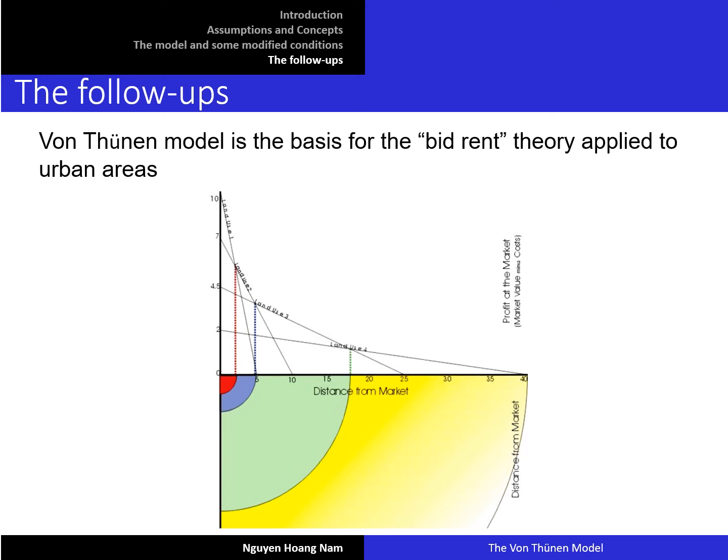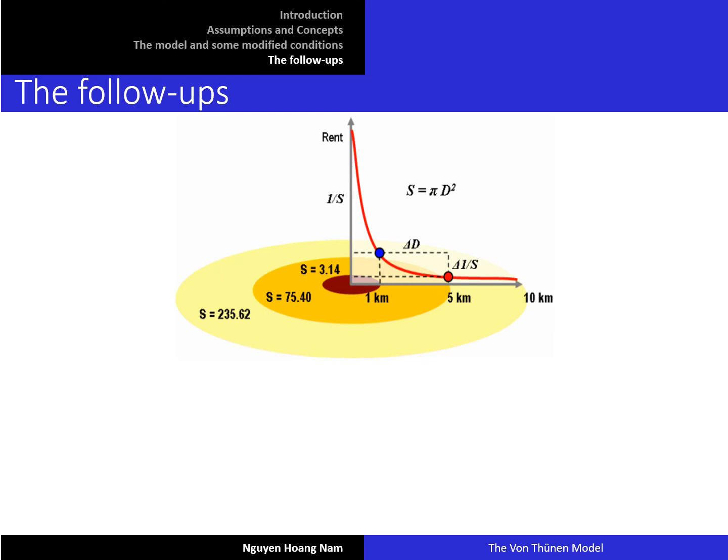And the von Thunen model can be applied in urban planning as well, and it can get very complicated. Firstly, it's not a linear relationship anymore. It can be a non-linear relationship, and the basis of von Thunen is developed as a mid-range theory applied to urban areas, urban planning.